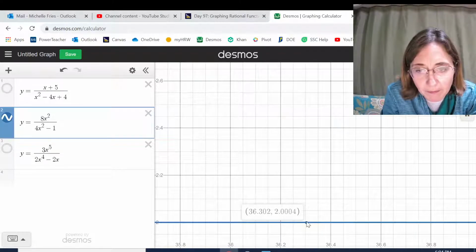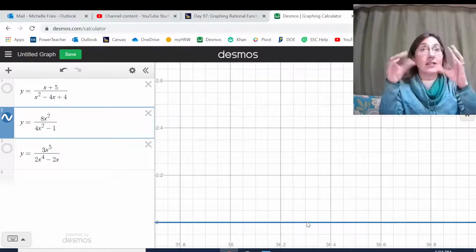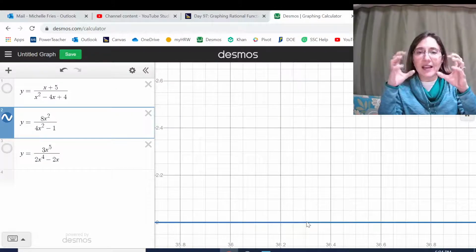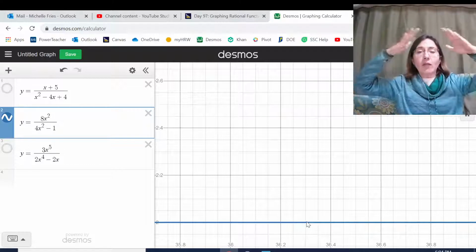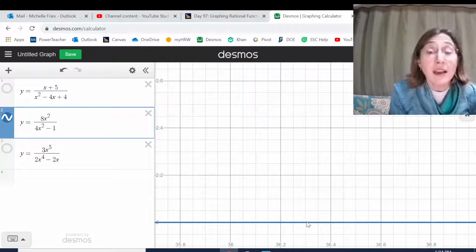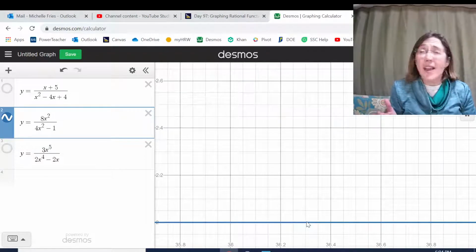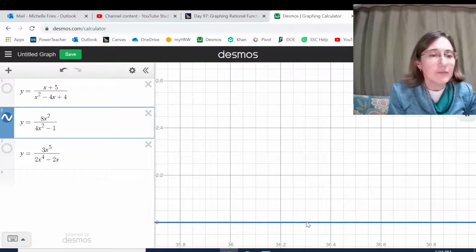Oops. Okay, 2.0004. It has to do with how accurate Desmos is looking at it. So it's approaching 2, y equals 2, but it's not equal to y equals 2. Okay, so that is another horizontal asymptote, but it didn't happen at 0 this time. It happened at a different number.